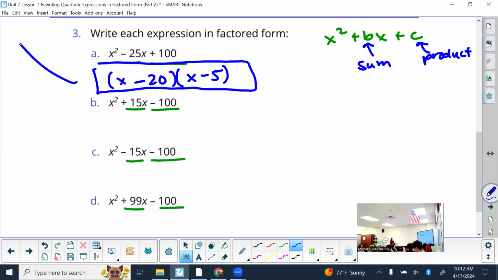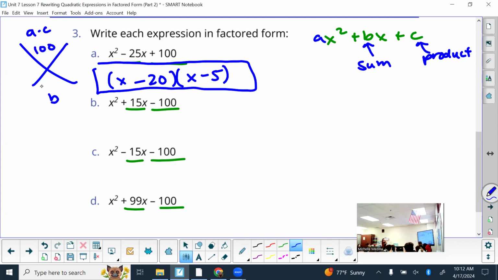I prefer the diamond method, which I showed you yesterday. The way that you would set it up, A times C goes on the top, B goes on the bottom, the A, B, and C come from AX squared plus BX plus C. In this lesson, A is 1. You'll see what happens when A is not 1 later on. But you always do A times C on top though, so 1 times 100 is 100.